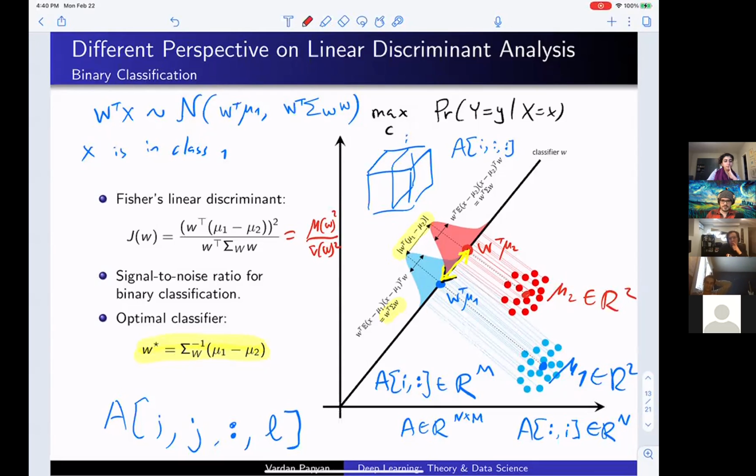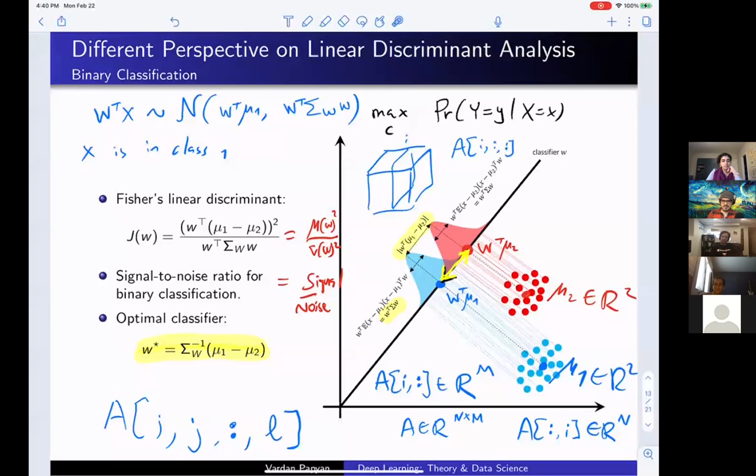So this is a signal to noise ratio. And what Fisher said was, let's pick the direction W that would maximize this quantity.